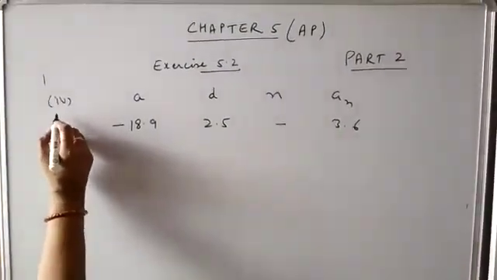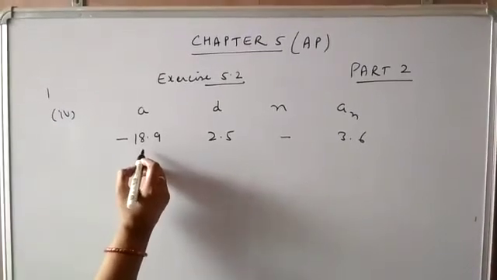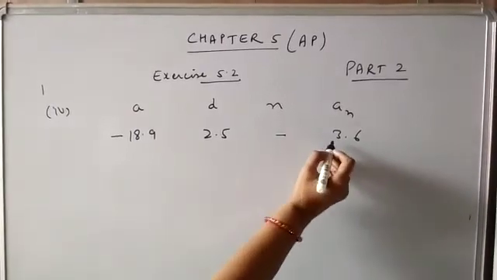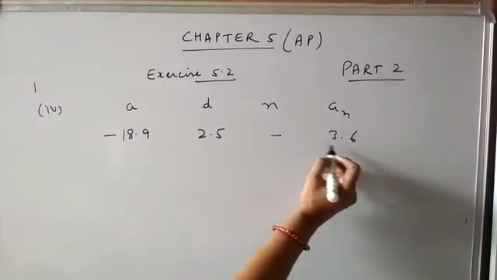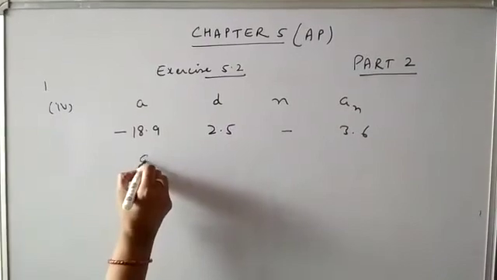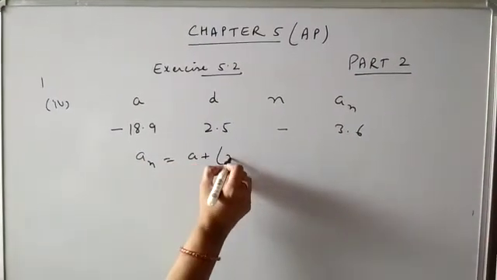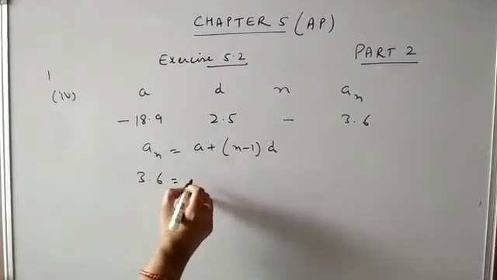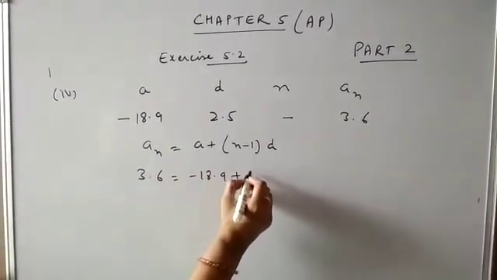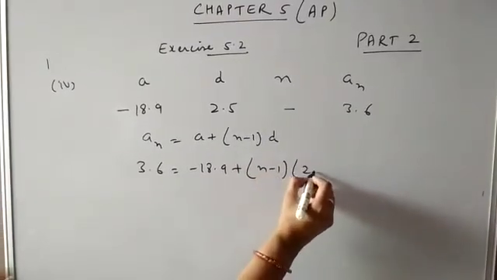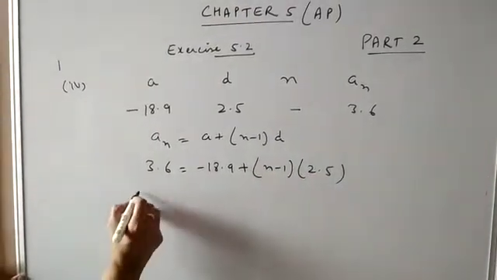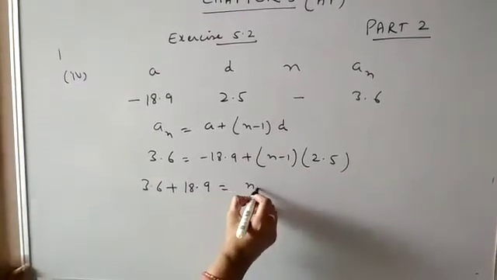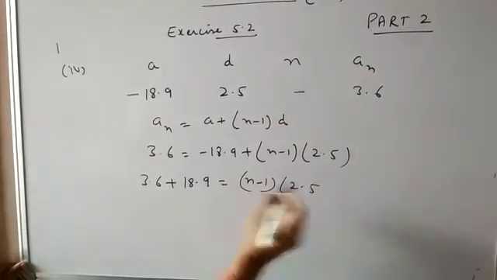So let's take the fourth part. A is minus 18.9, D is 2.5, n is unknown, nth term is 3.6. I want to find how many terms are there. An is A plus n minus 1 into D. Putting the values, minus 18.9 plus n minus 1 and D is 2.5. 3.6 plus 18.9 is n minus 1 into 2.5.